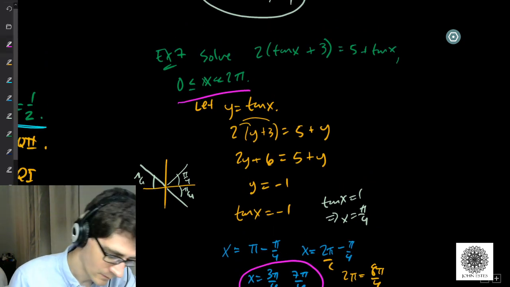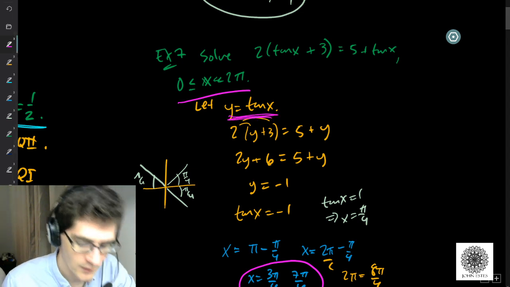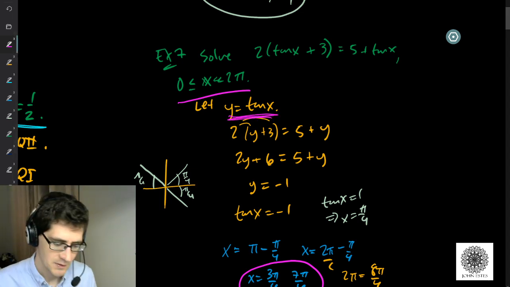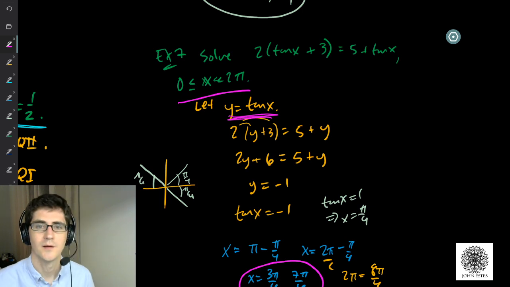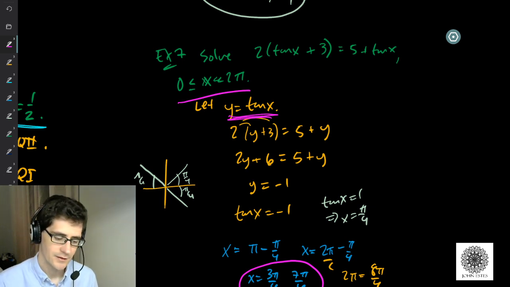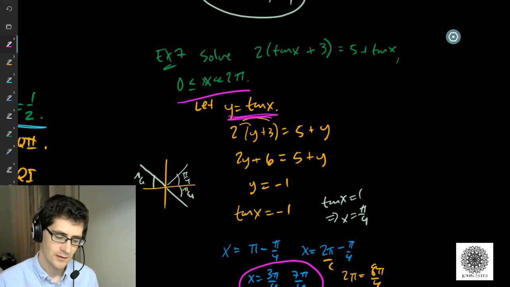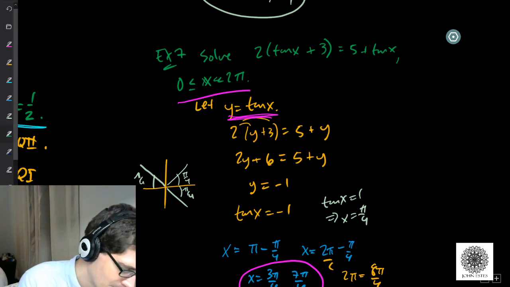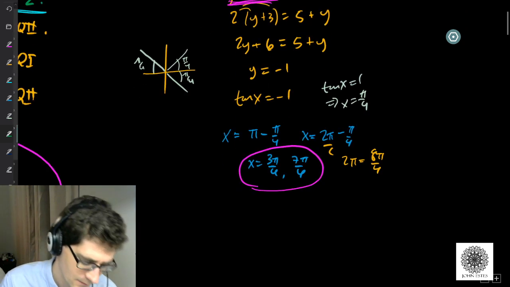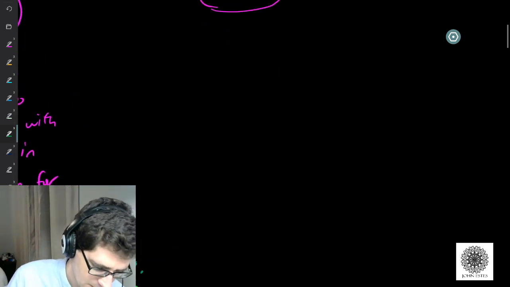What's very helpful is this transformation, y equals tangent x, because we're taking what looks like a complicated trig equation and turning it into an algebraic equation. Now we could easily have done this for a quadratic situation, and let's see if we have time. I might do one of those, okay? So let's look at example 8.